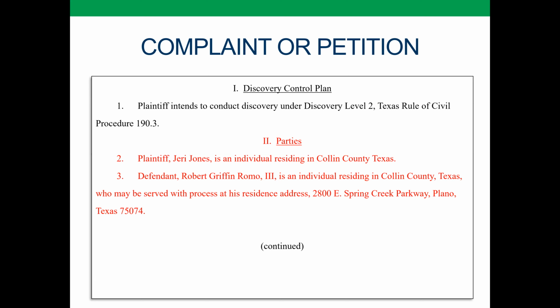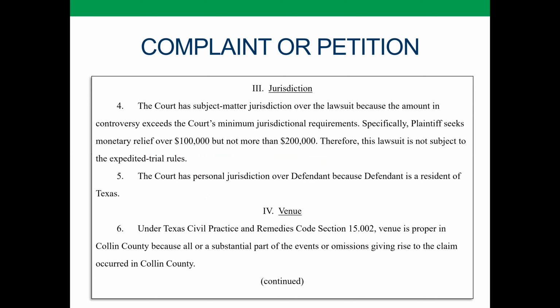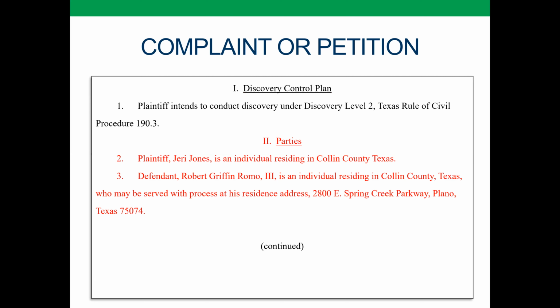Now below that, we have our descriptions of the parties. Plaintiff Jerry Jones residing in Collin County, and Robert Griffin Romo is an individual residing in Collin County, but notice the extra language for the defendant, who may be served with process at his residence address, and then the address follows.